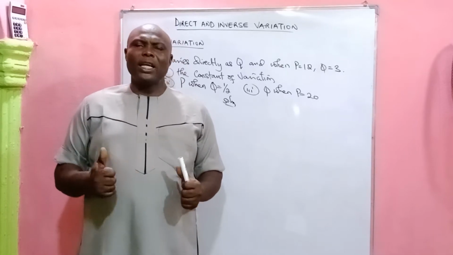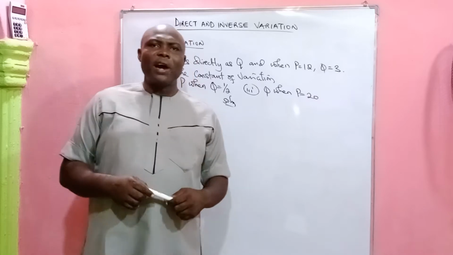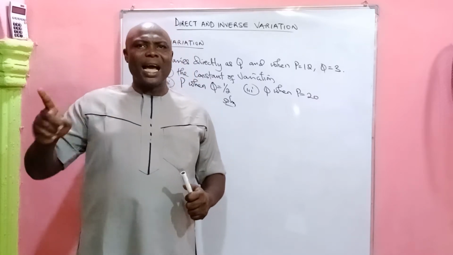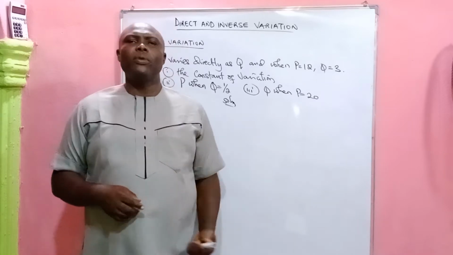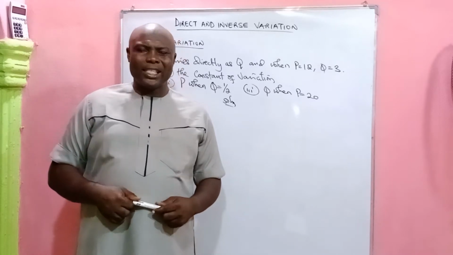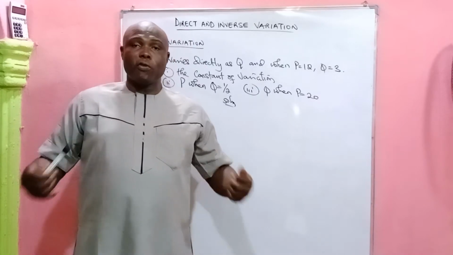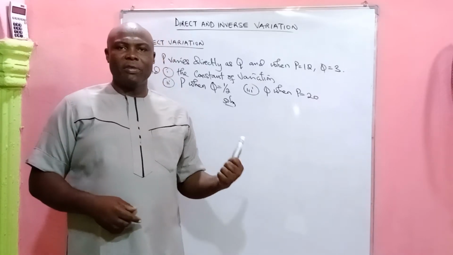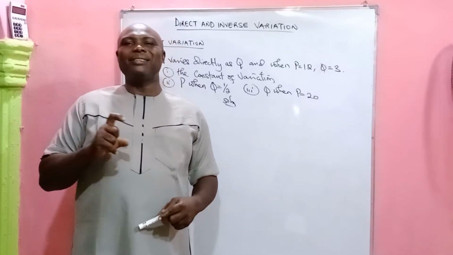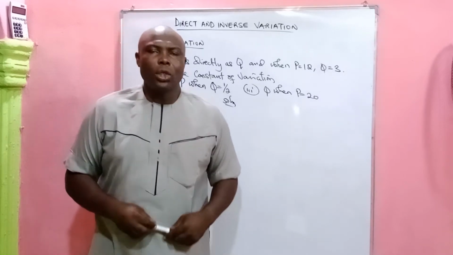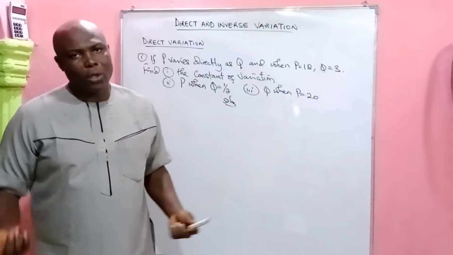If you're trying to solve problems that involve direct variation, understand that the two variables move in the same direction, which means that an increase in one of the variables will result in a corresponding increase in the other variable. And of course, a decrease in one of the variables will result in a decrease in the other variable in the same proportional measure. So that's what direct variation or direct proportion is all about.